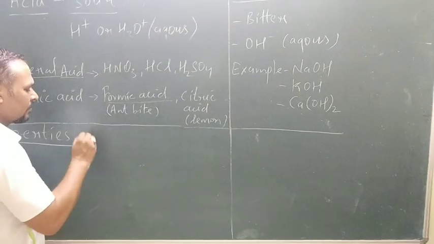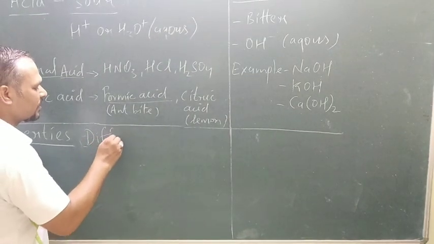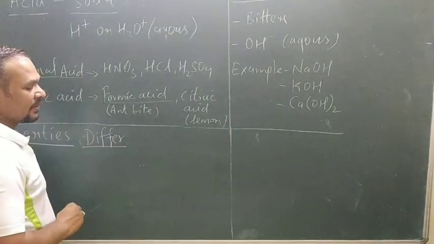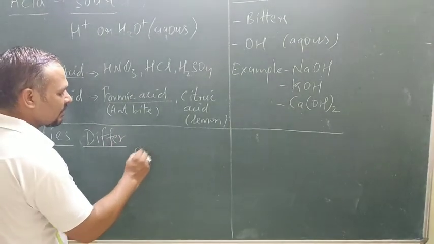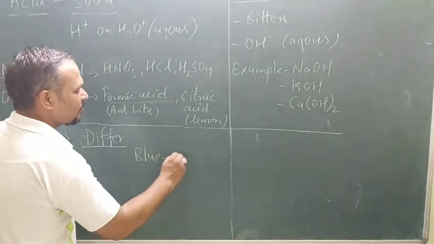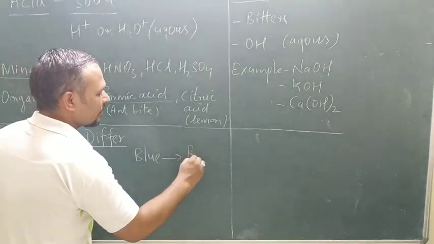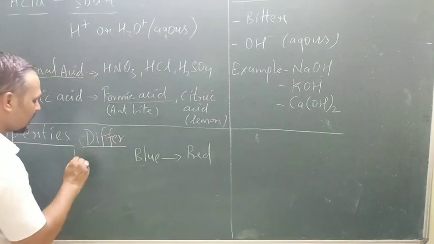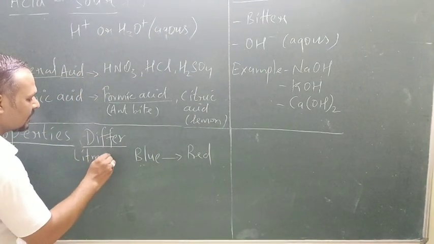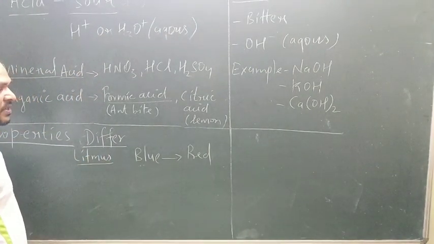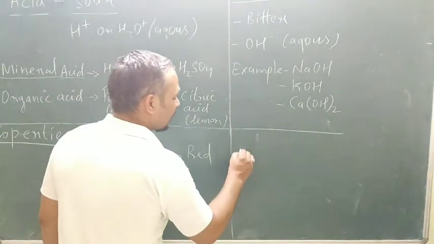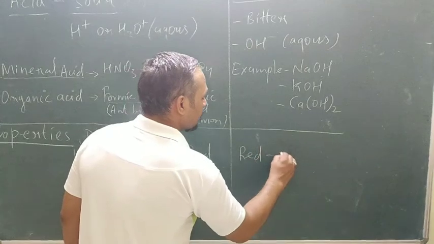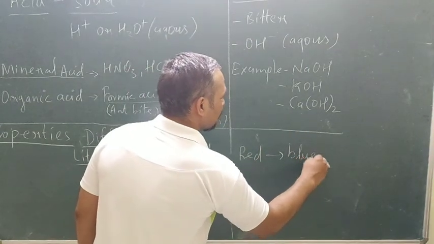Now if we look into the different properties which differ. For example, acid turns blue litmus paper into red. The first difference you can see on the basis of litmus, and bases turn red litmus paper into blue.